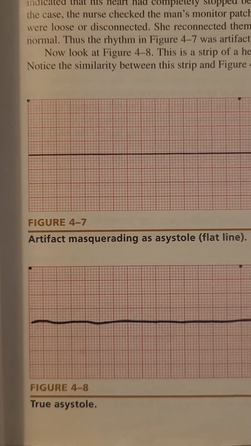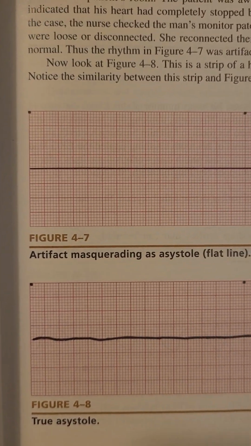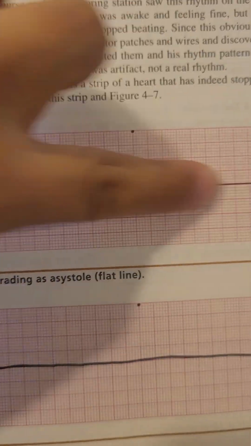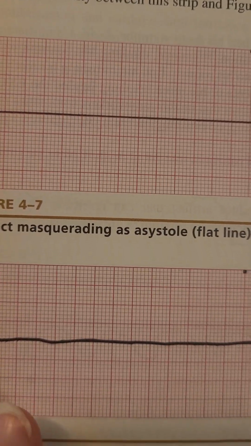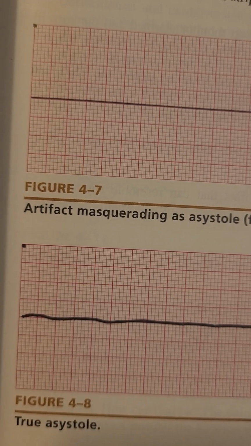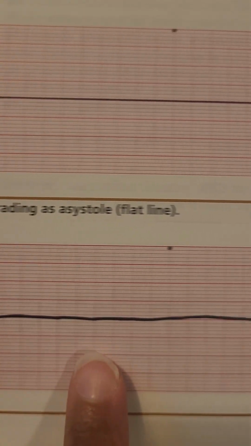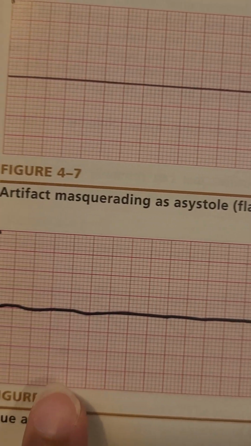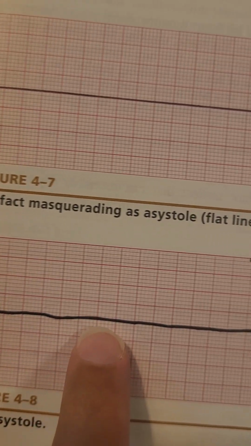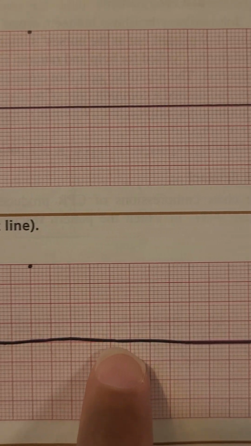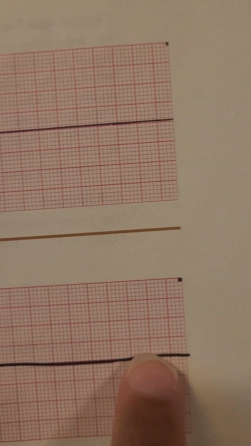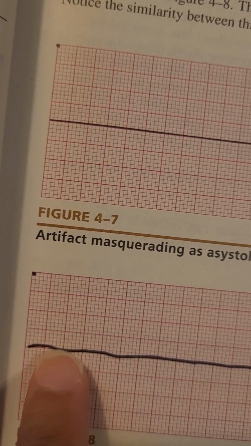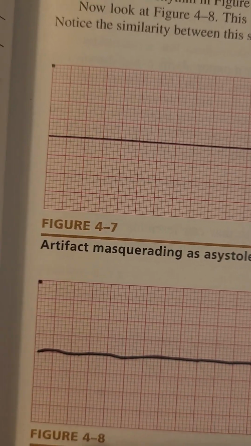They show this one. This one most likely is artifact, because it's just a straight line. When it's a patient, even if they don't have a heart rate anymore, if they passed away or are passing away, they'll still have a little bit of up and down, because their heart is still having a little bit of electricity, or some impulse or whatever you want to say.